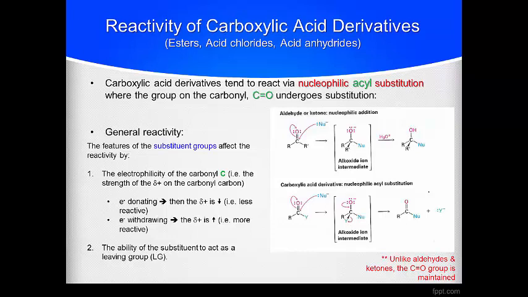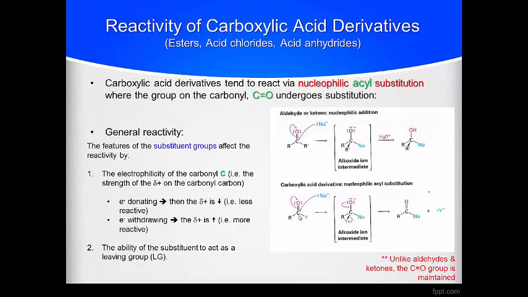So what affects the reactivity is the substituent, so this Y group that's attached to the carbonyl. So this Y group, if it is electron donating, so pushing electrons to this carbonyl carbon, then it's going to be less reactive, and if it's pulling electrons away from this carbonyl carbon, then it's going to be more reactive.